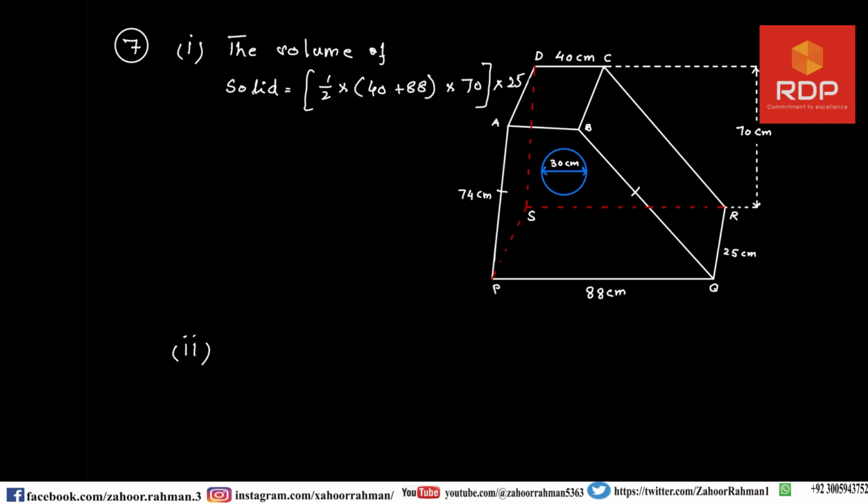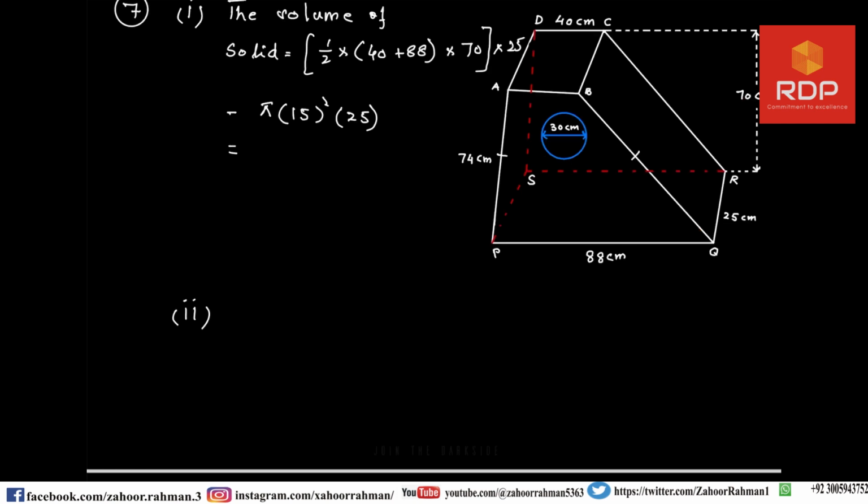And we have to subtract pi r square, which is 15 square, into 25. So this is that hole in the blue color. We have to subtract this one as well.